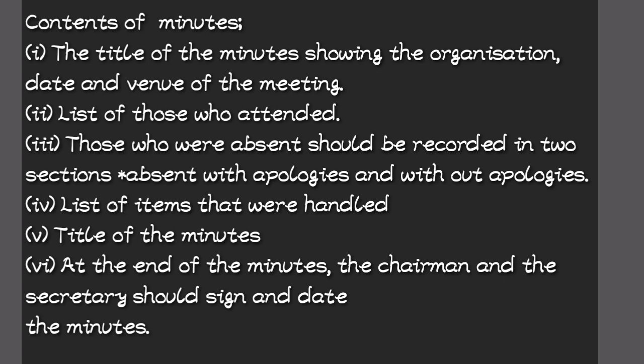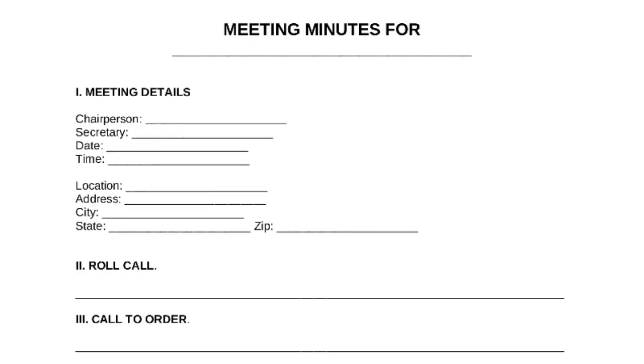It also lists items that were handled during the meeting. Then at the end of the minutes, the chairman and the secretary should sign and date the minutes. So minutes may look like this.